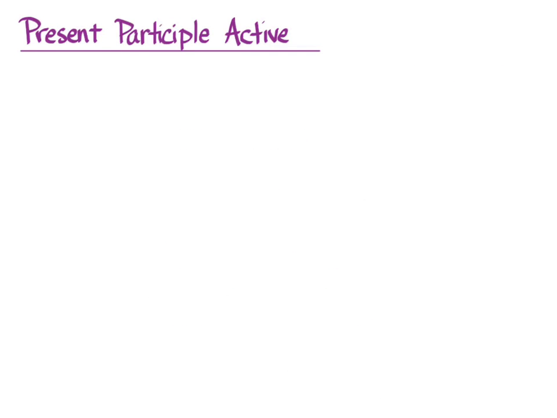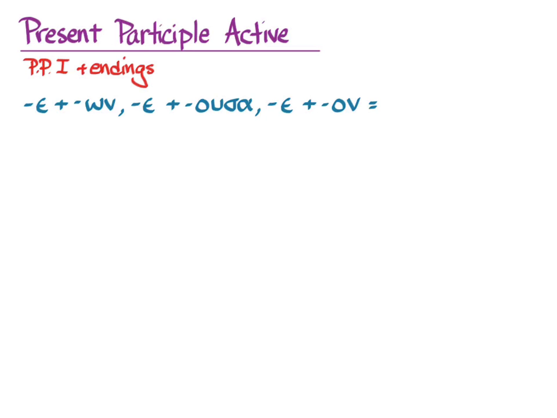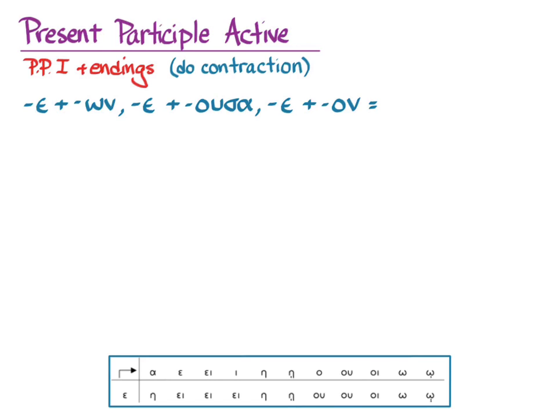Finally, we need to deal with participles. The present participle active, again, first principle part and endings. So here you can see I've got the epsilons to get added to the nominative singulars of the masculine, feminine, and neuter of the participle. And when you combine those, and when you do the contraction, you get -on, -ousa, -oun.